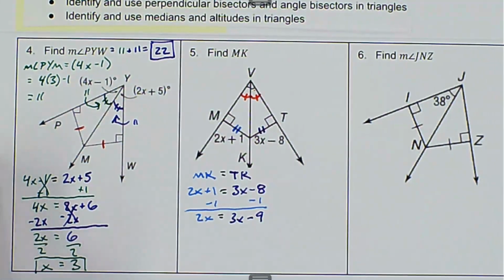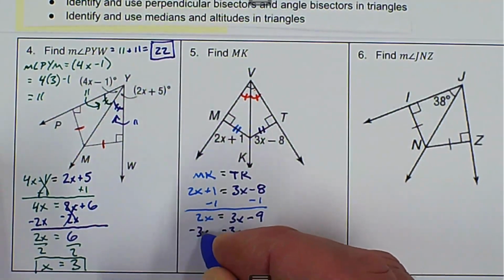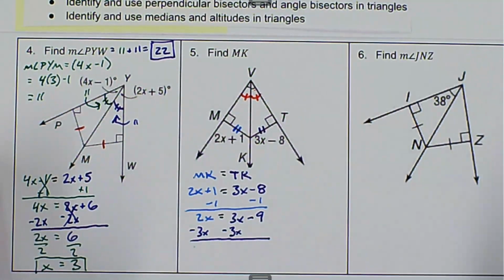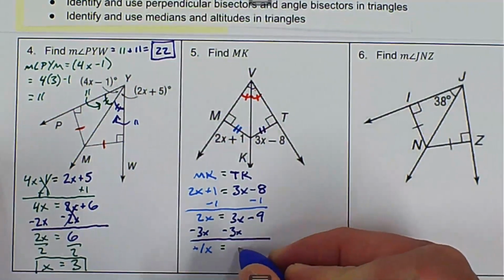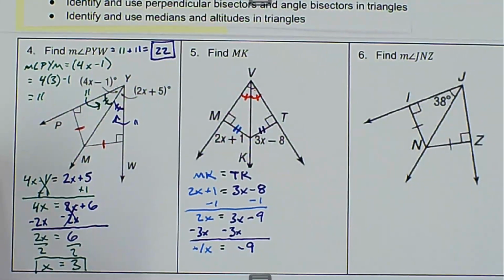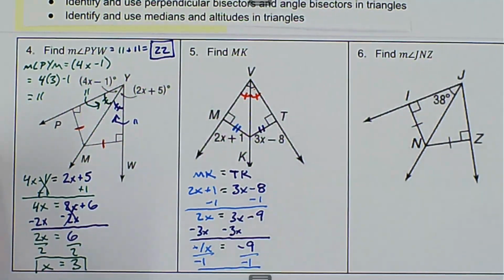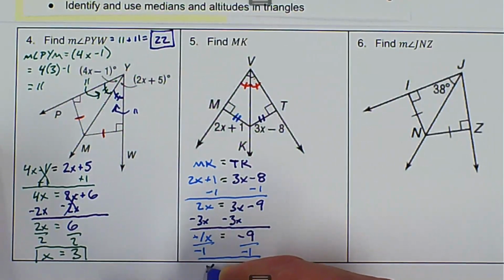Then we are going to subtract 3x from both sides of the equation, and we get negative 1x is equal to negative 9. Then we can divide both sides by negative 1, and we get x is equal to 9.